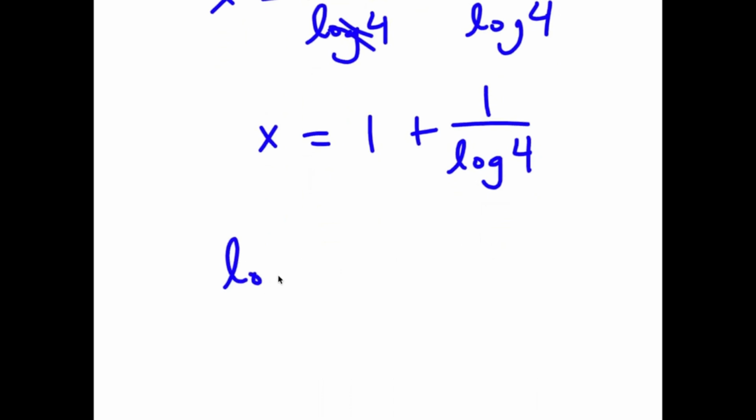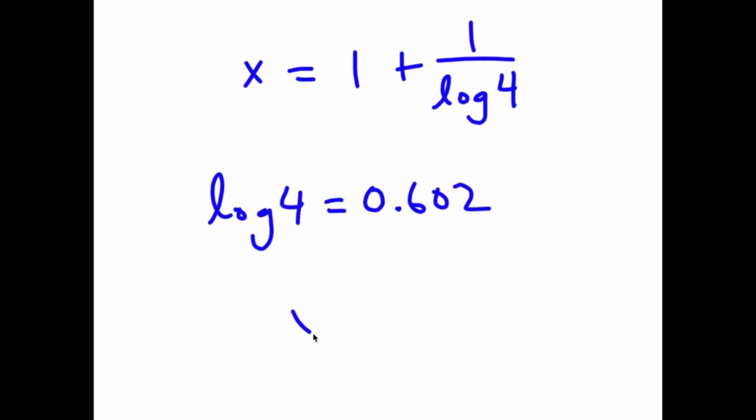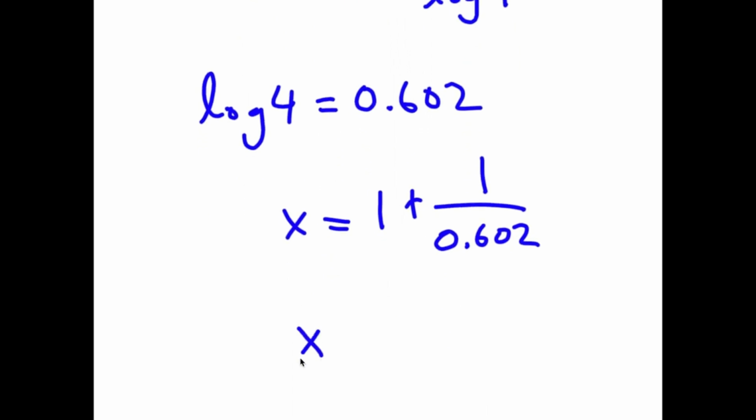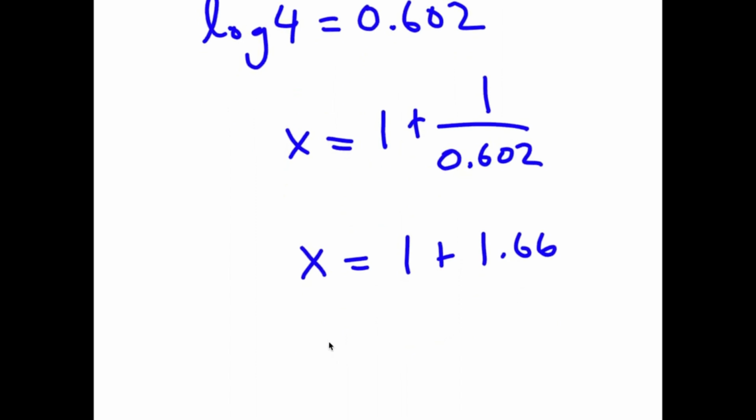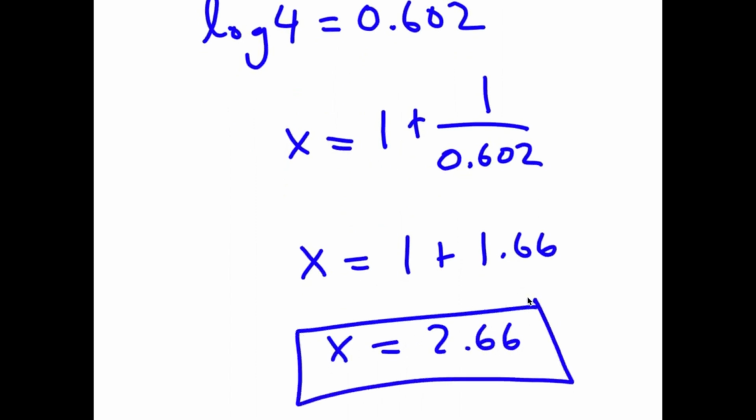Now log 4 is equal to 0.602. So I get x is equal to 1 plus 1 over 0.602. And 1 divided by 0.602 is 1.66. So 1 plus 1.66 is 2.66.